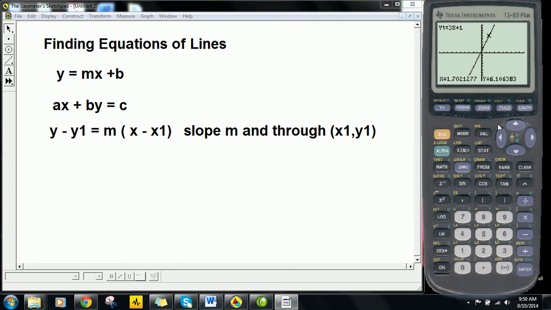We can see that a little bit better in the table. Let's make sure it's set up properly. We'll start at -3, go up by 1s and set it to auto. What you can see in the table for y equals 3x plus 1 is the slope of 3 again: plus 3 over 1, plus 3 over 1, and so on.